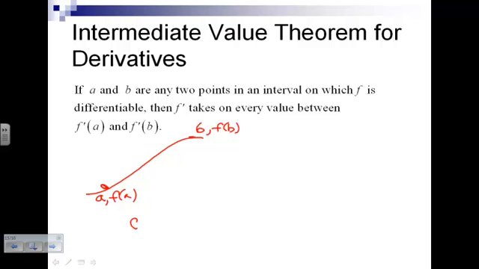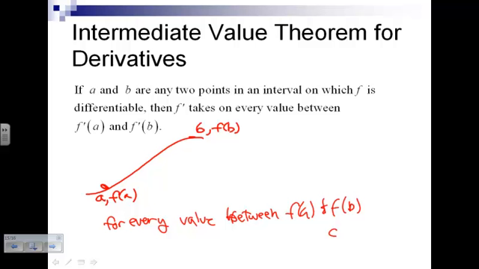that for every value between f of a and f of b, there exists a c such that f of c is equal to that value.